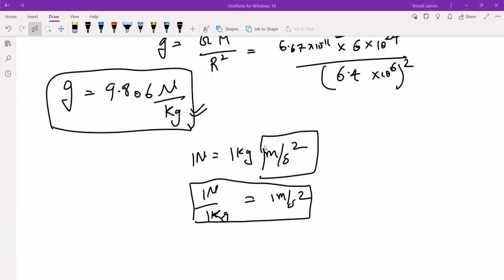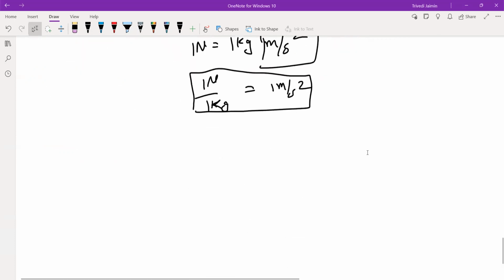Now I want you to calculate the weight of an object on the Moon. Just let me write a question here. Sir, isn't it 1/6 of its weight on the Earth? Exactly. We need to prove it.